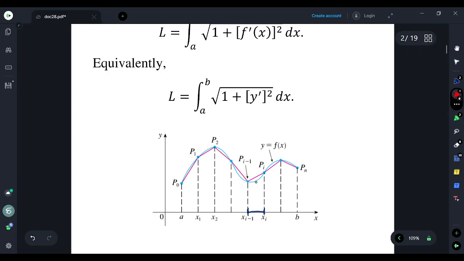We are going to use the Pythagoras formula. So we're going to form a right triangle here, and this is the delta x and this is the delta y, right?